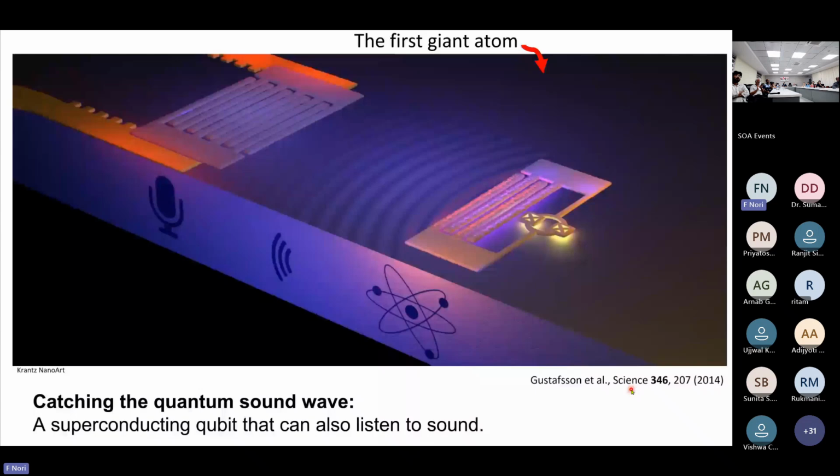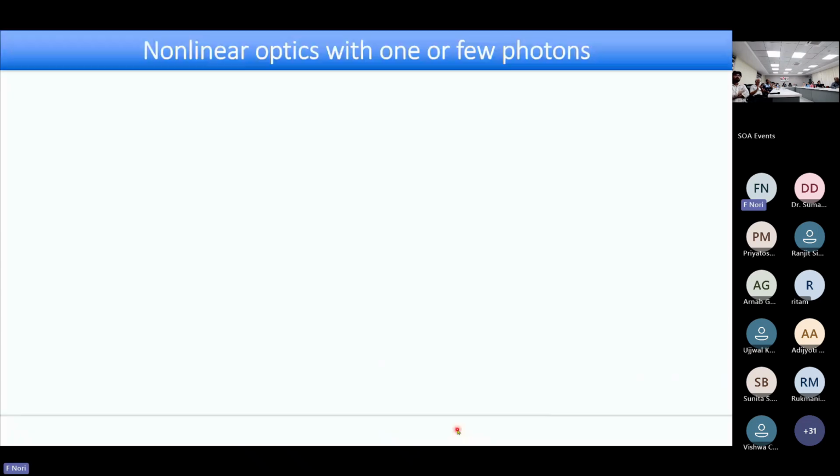This is a whole bunch of capacitors called interdigital capacitors, where you produce quantum sound via surface acoustic waves, and you can actually excite this qubit not only with microwaves but also with sound. So you can go from the ground state to the excited state either via light, photons, microwave, or via sound. Therefore, this superconducting qubit can also listen to sound, not only see in the microwave, but also listen. So this is remarkable and new.